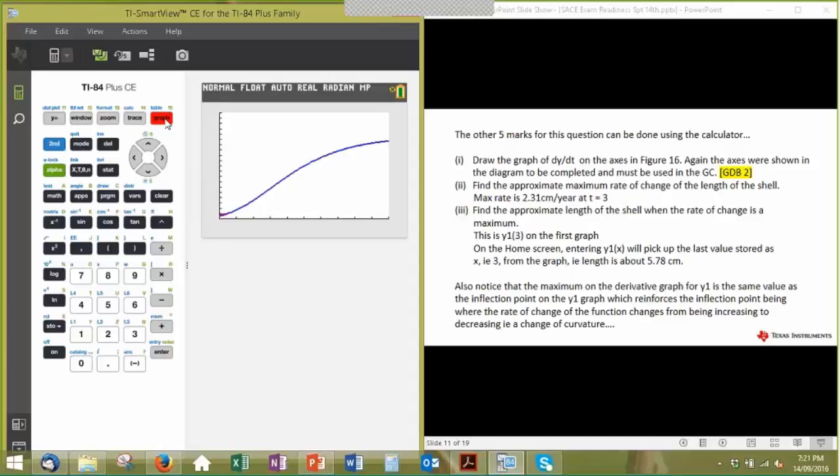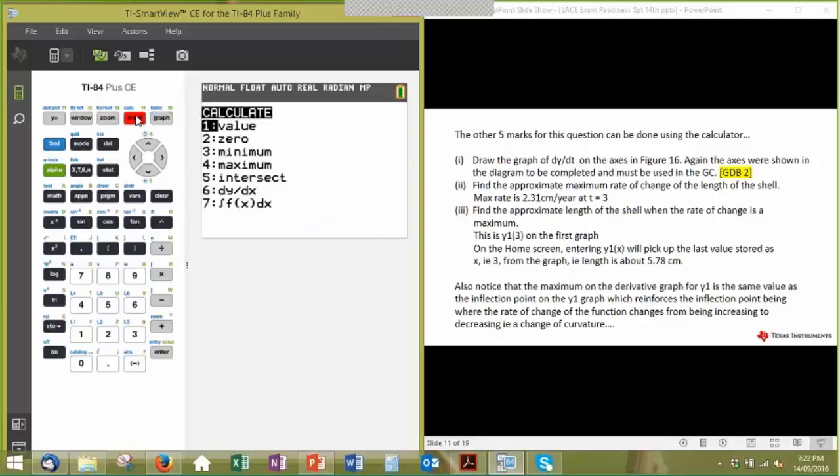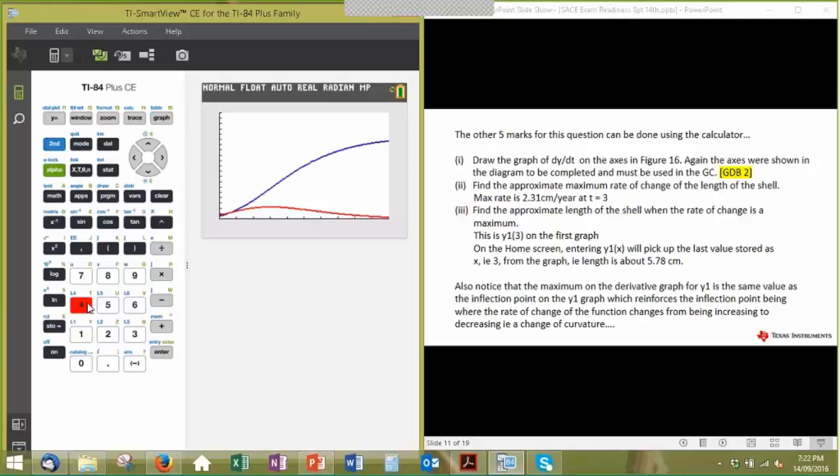Yep, that'll do it. Now, the interesting thing on this one is that the maximum value on this guy, which is the derivative of this, is in fact at the same place as the inflection point up there. So if I do the maximum, number 4 again, between 0 and about 6, 5 maybe.